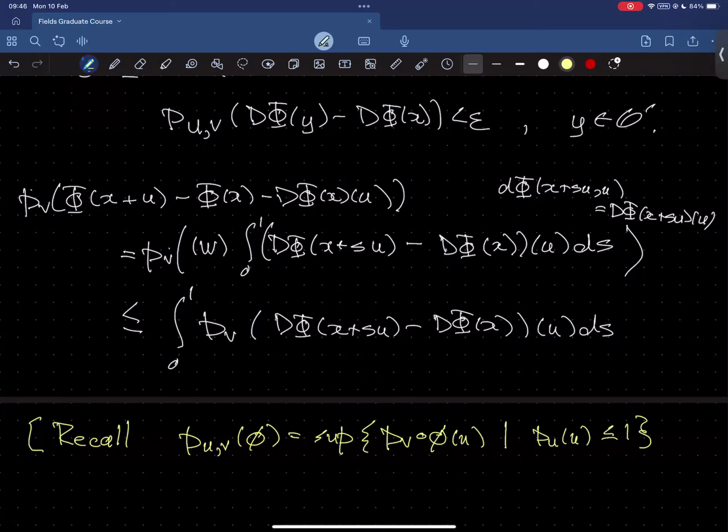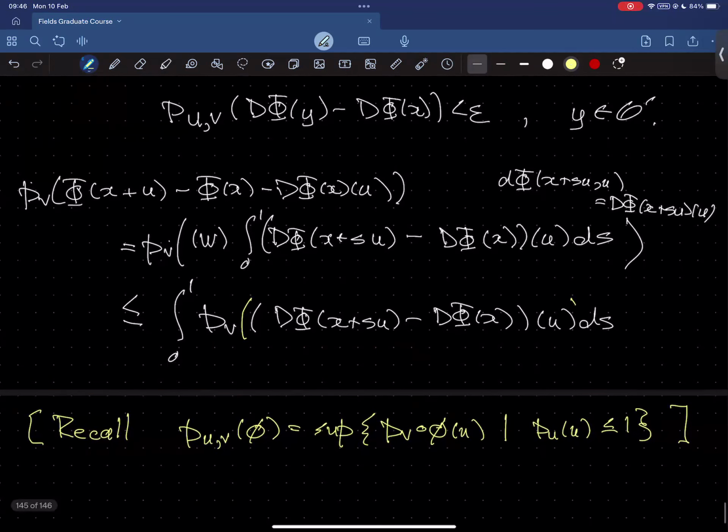So I'm going to apply that definition to this term. I think I have my parentheses in the wrong place here, so I need an additional parenthesis like this.